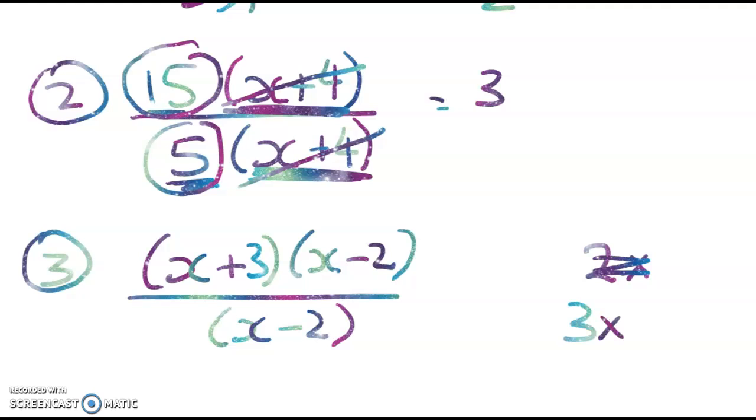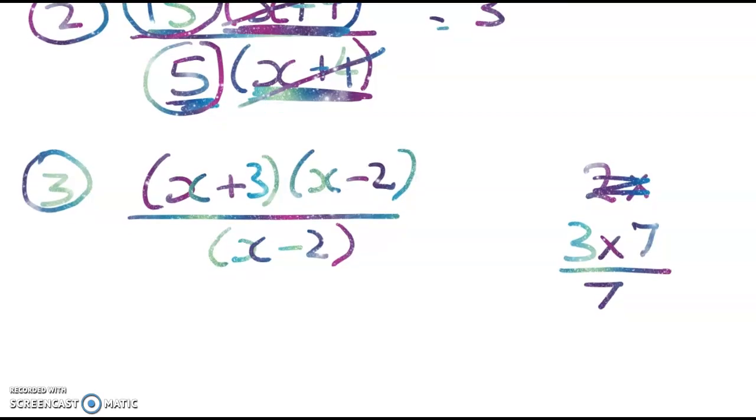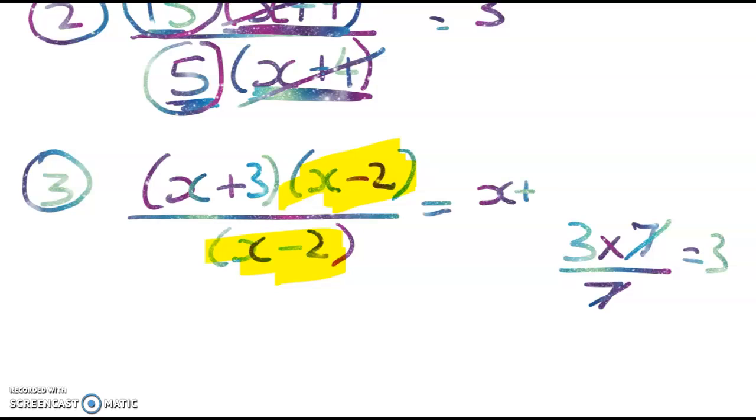So 3 times 7 divided by 7. 7 divided by 7 is 1, so we're left with 3. Now what we've got here in the question is very, very similar. The common factor is x minus 2. So they simplify to leave me with x plus 3.